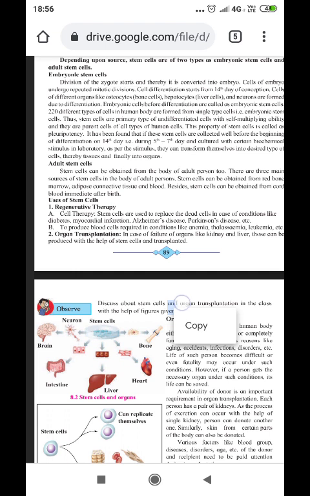It has been found that if the stem cells are collected well before the beginning of differentiation on the 14th day, that is during the 5th to 7th day, and cultured with certain biochemical stimulus in the laboratory, then as per the stimulus, they can transform themselves into a desired type of cells and thereby tissues and finally into organs. So, if any organ does not function properly, with the help of embryonic stem cells, we can get the desired organs safely and properly.